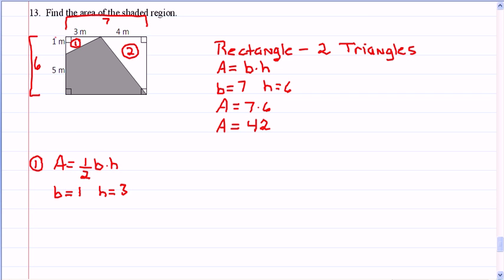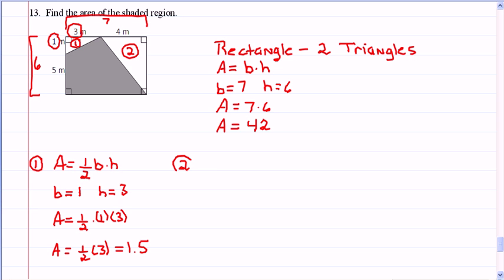I'm just using this one here as my base and this 3 here as my height. So if I take 1/2 times 1 times 3, I get an area equal to half of 3, and half of 3 is equal to 1.5.